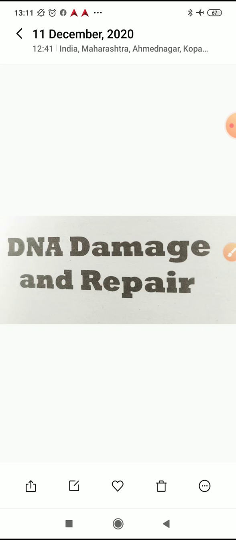So in monoduct DNA damage, first one is deamination. In this process, nitrous acid can bring about changes in the structure of nitrogenous bases of DNA.